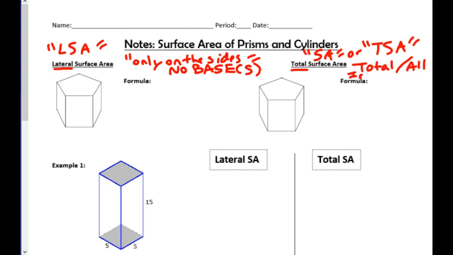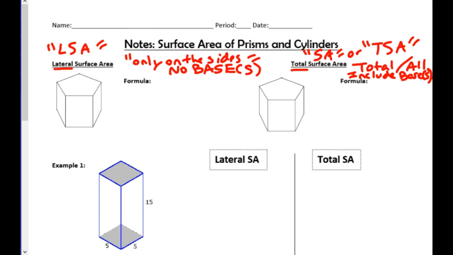It's going to include bases. I'm running out of room. Notice how I put the bases in parentheses. Sometimes there's only one base when we talk about a pyramid or a cone, right? But anyways, lateral surface area, no bases. Total surface area does include the bases.